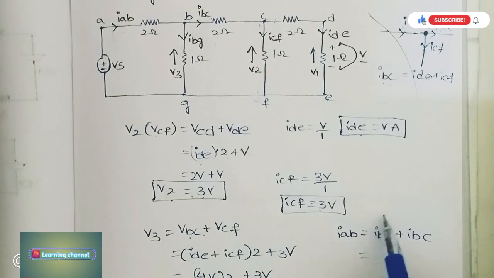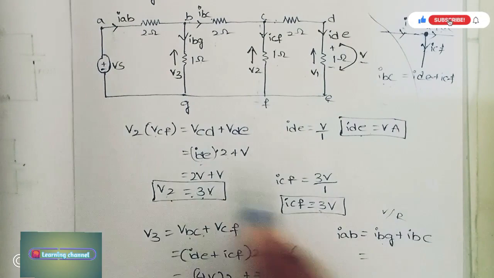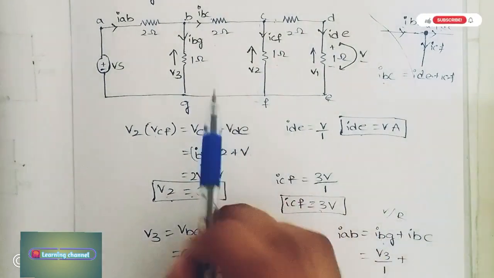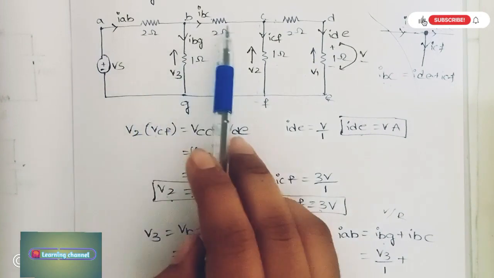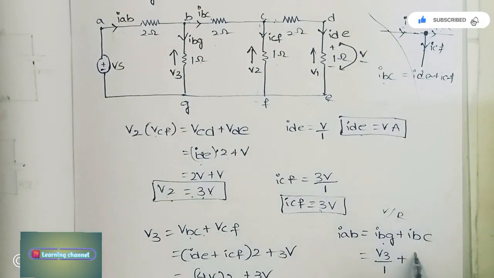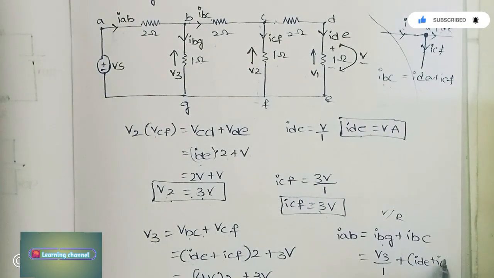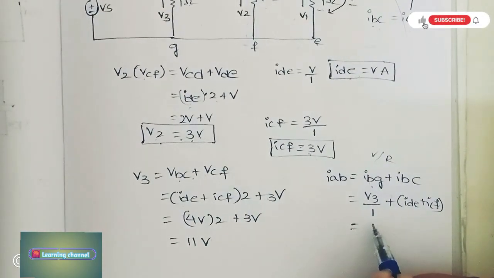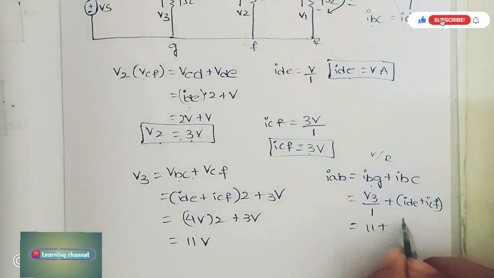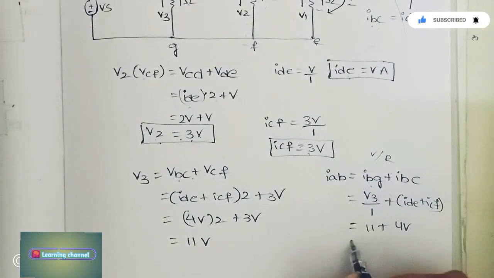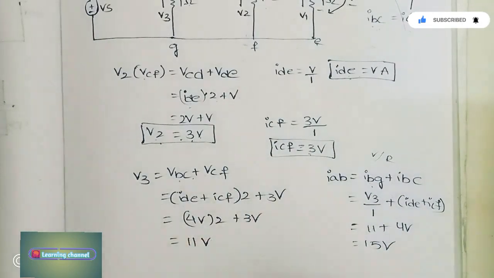We don't know, so that is V by R. Here the voltage is V3, and the resistance is 1 ohm. IBC is equal to IDE plus ICF. So V3 is equal to 11 volts, and IDE plus ICF is 4 volts, so IAB is equal to 15 volts. So totally we got all the voltage values.